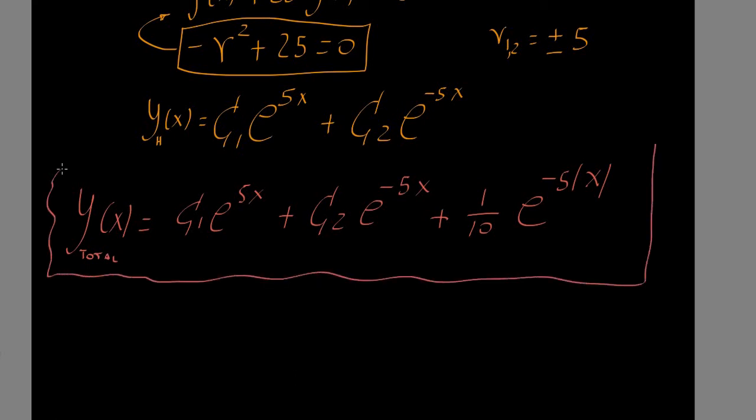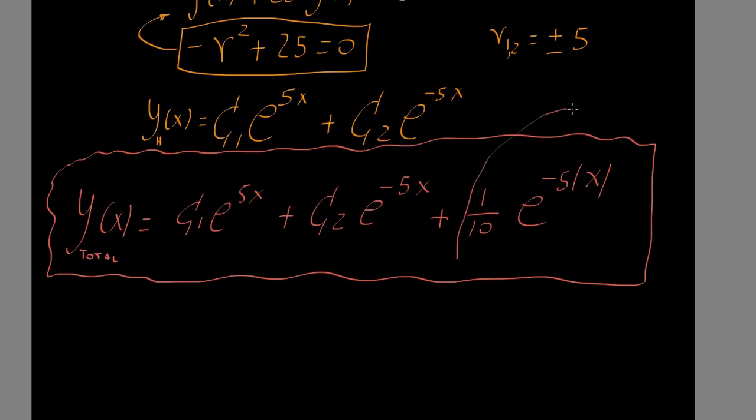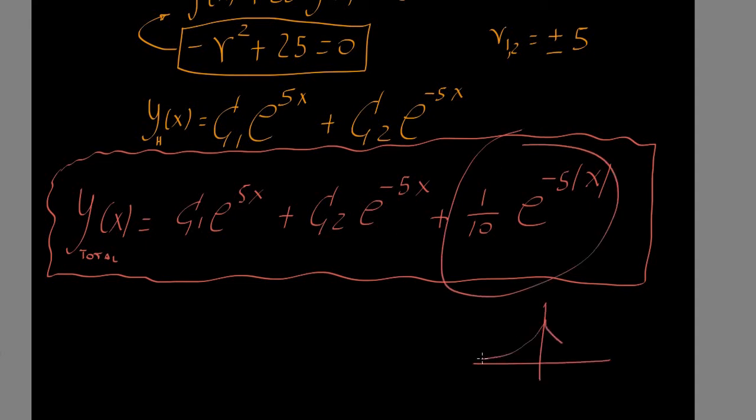Why did the Fourier transform tool just find this non-homogeneous solution? Because it's the only one that accepts a Fourier transform. In order to apply the Fourier transform, you need a function that is absolutely integrable from minus infinite to plus infinite, which is true for this part of the solution, because if you see the graph, it looks like this.